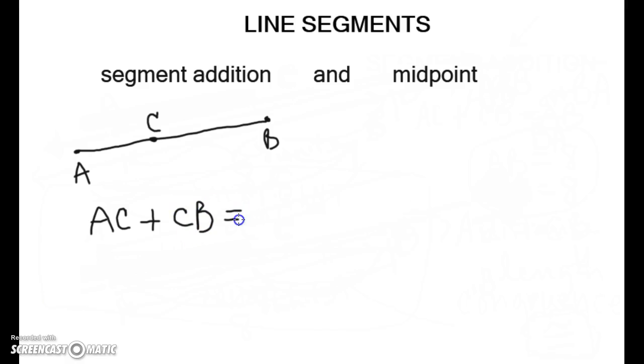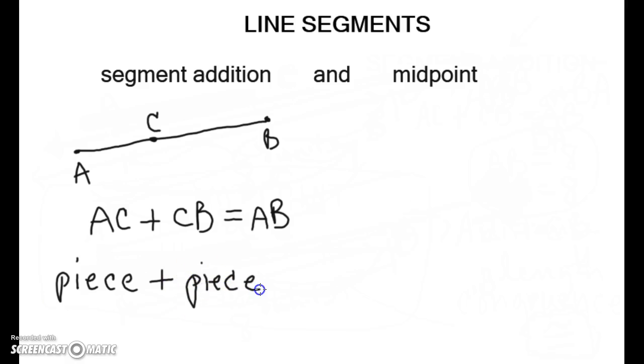If you put them together end to end, you get the full length A to B. This is small piece plus the other small piece equals the whole segment.